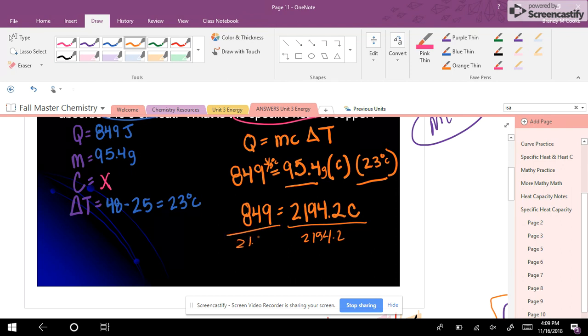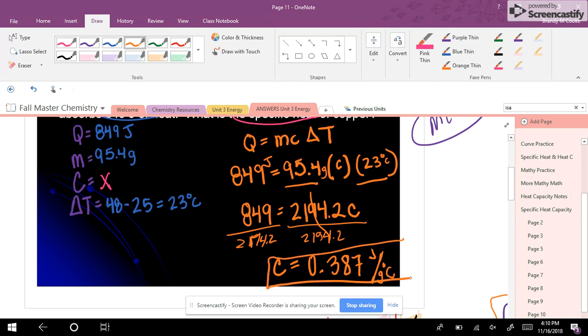This cancels out, and then finally C equals 0.387 joules per, oh, whoops, this is only joules, I'm sorry, that's Q. This one is joules per gram degree Celsius. Hopefully you caught that. I made a mistake.